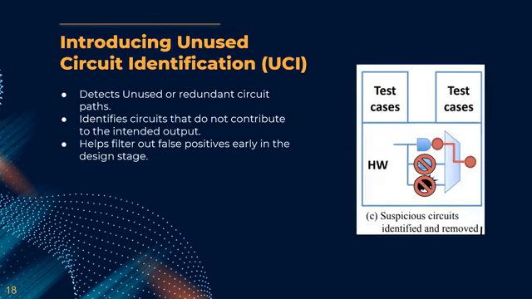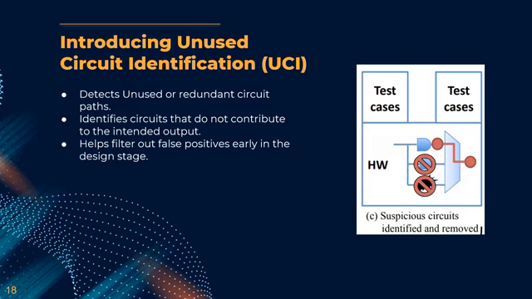Looking into more detail on how this phase works, I would like to introduce one of the key tools BlueChip utilizes during its design time detection phase, unused circuit identification, or UCI. Its job is to find unused or redundant circuit paths that could be exploited by hardware Trojans. Think of it like an investigator reviewing unused rooms in a building.